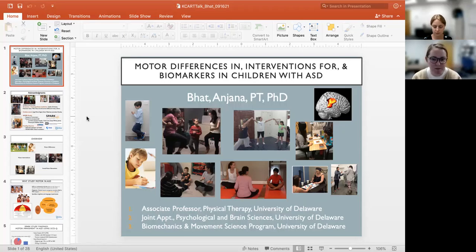And when I was finishing up, I was really interested in applying my understanding and framework in motor control and motor development in young infants to a clinical population. And so that's when I came across a postdoctoral fellowship with Rebecca Landa and Stewart Mostofsky at the Center for Autism at Kennedy Krieger Institute.